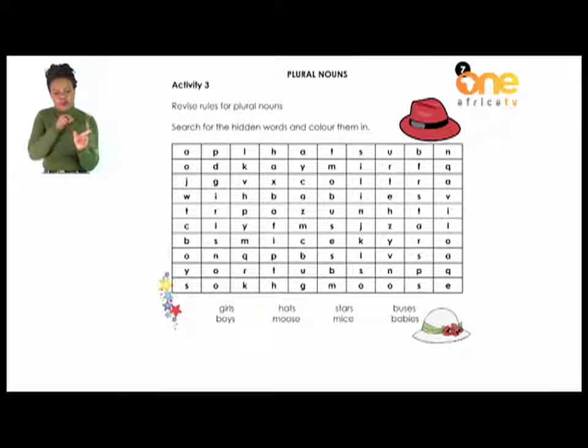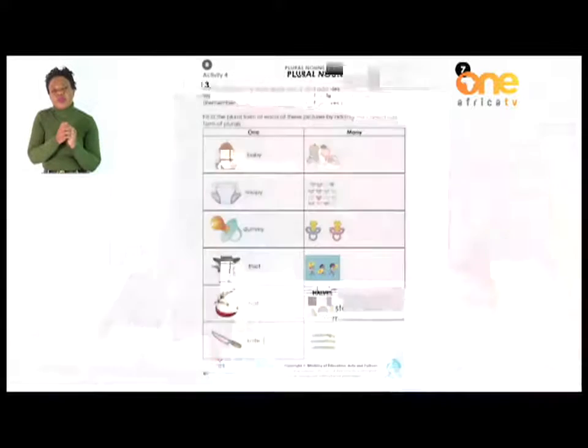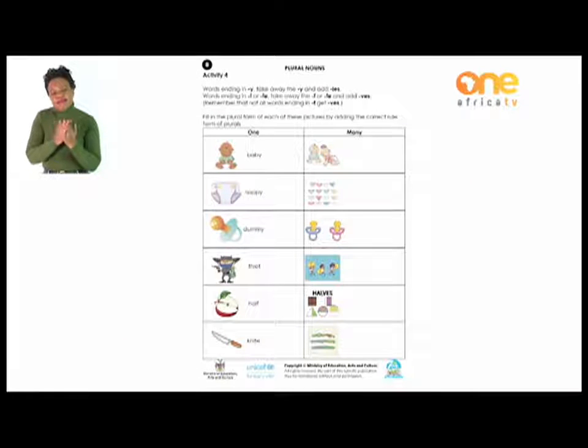Page 8, activity number 4. Words ending in Y, take away the Y and add IES. It's a matter of repetition. The Y rule, where you throw away the Y, replace with IES.